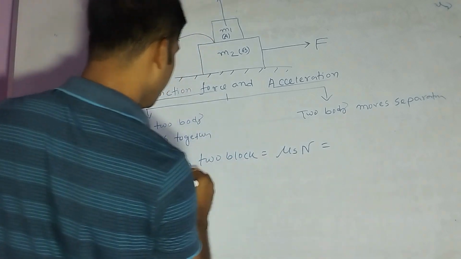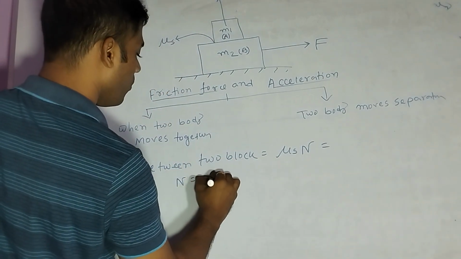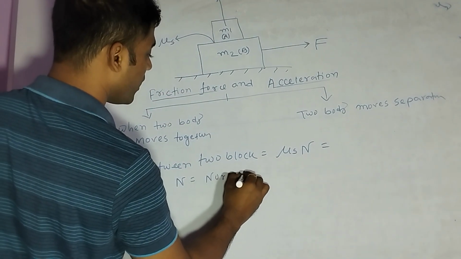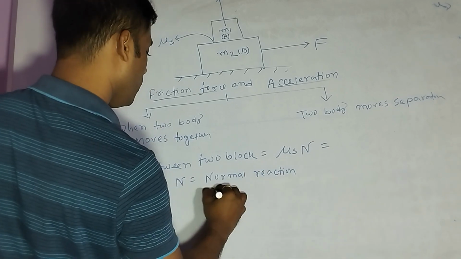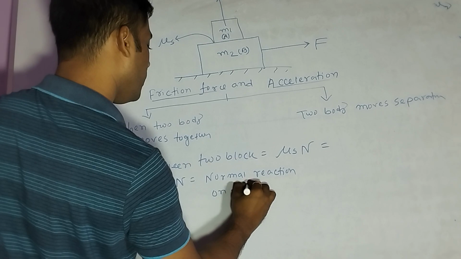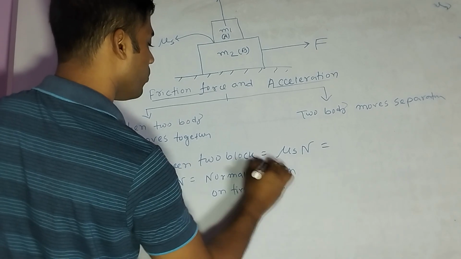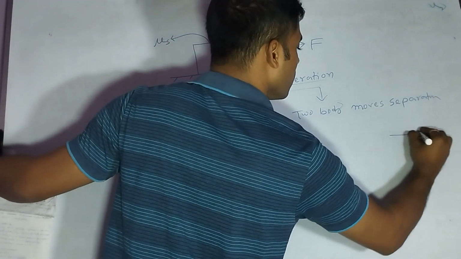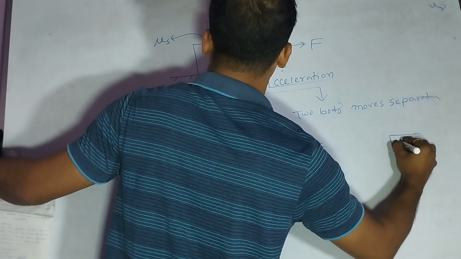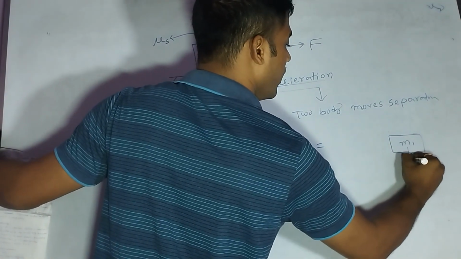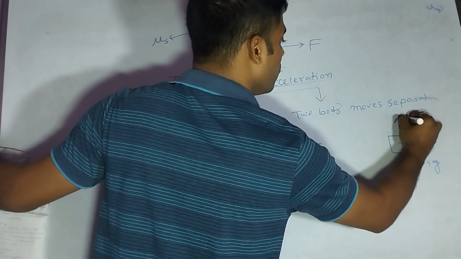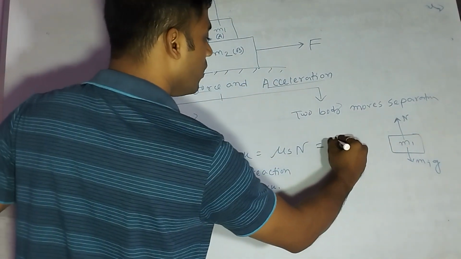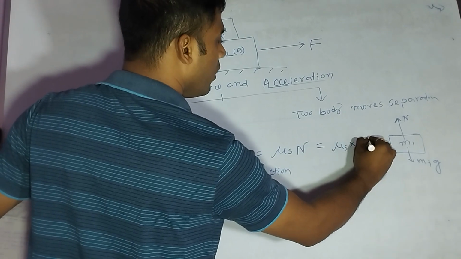This normal reaction is on the first block, not the second block. The first block has mass m1, weight m1g, and normal reaction N. So the normal reaction is m1g, and F max is mu s into m1g.